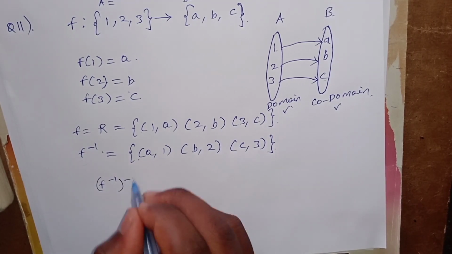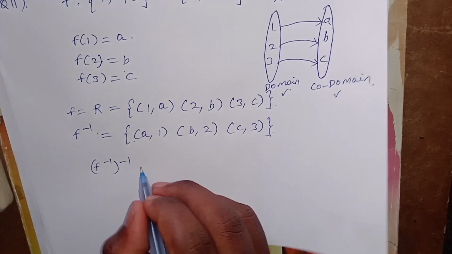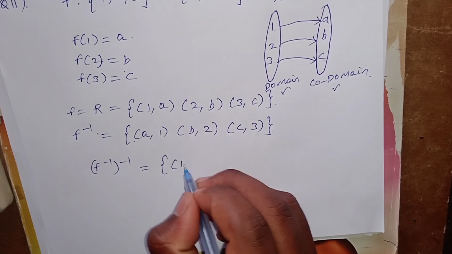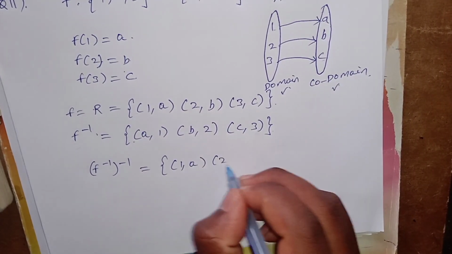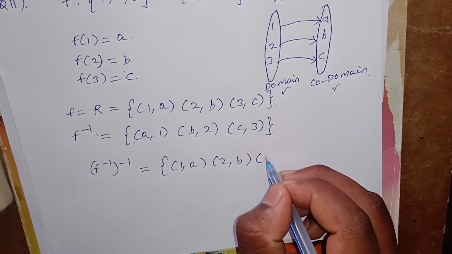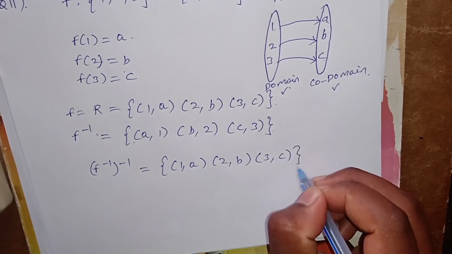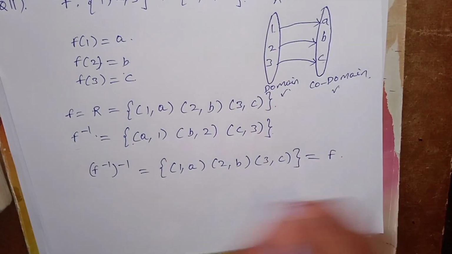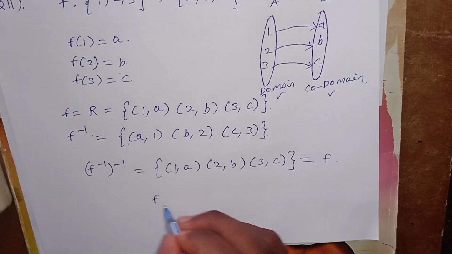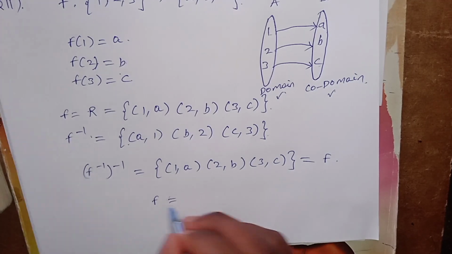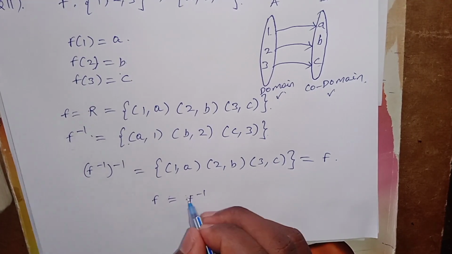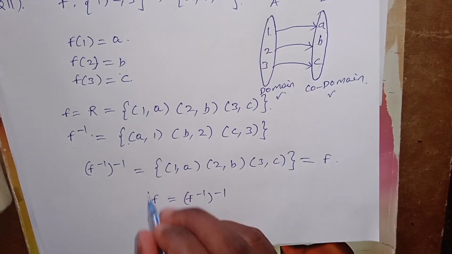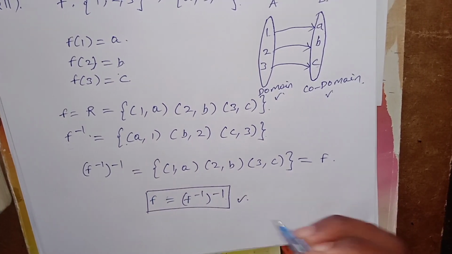Once again you have to take the inverse: (1, a), (2, b), (3, c). Therefore this is nothing but my function f. Therefore f equals the inverse of f inverse. Therefore the condition is satisfied.